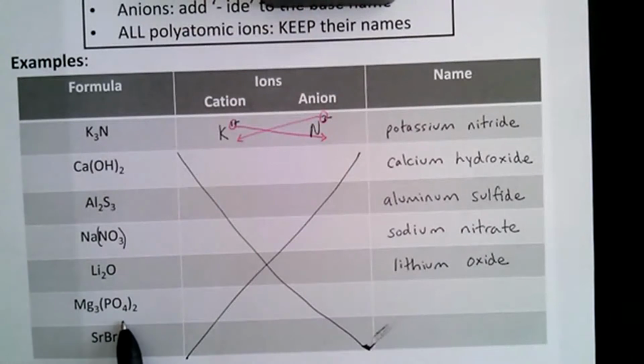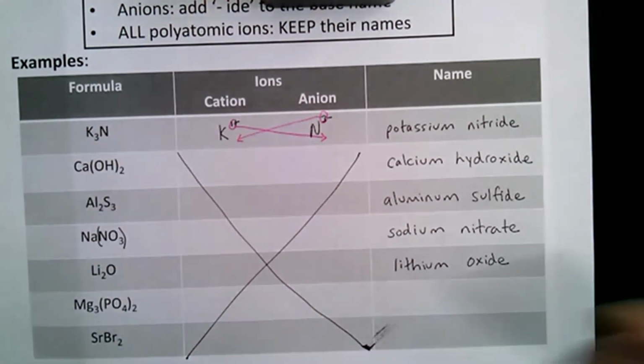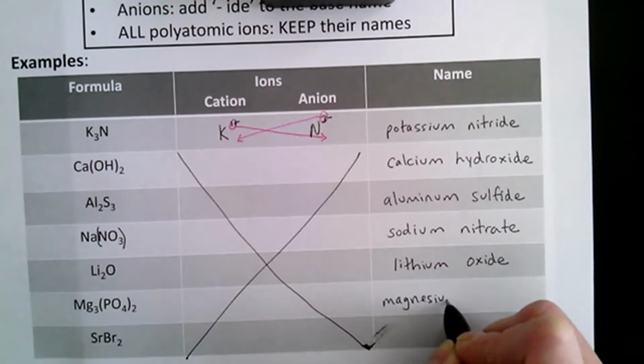This is kind of intimidating. A lot of numbers, a lot of letters. We got magnesium, and then this has to be a polyatomic ion. I have two uppercase letters here. Mg has two letters, but one is lowercase. It's just an element. Two uppercase letters like this, you know it's a polyatomic ion. Magnesium keeps its name, as all cations do.